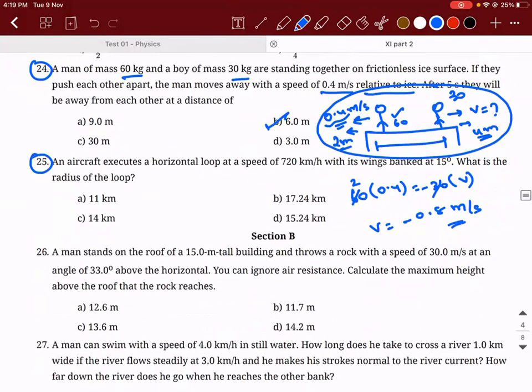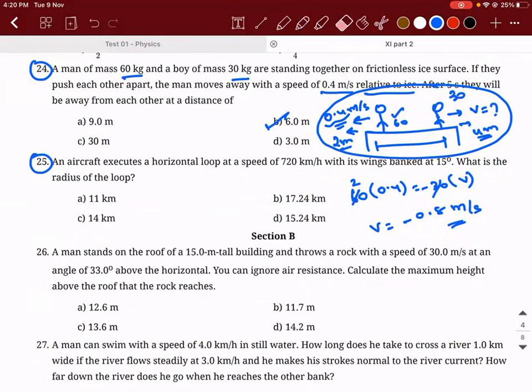Okay. 25th. There is an aircraft that executes a horizontal loop at a speed of 720 km per hour with its wings banked at 15 degrees. What is the radius of the loop? So what is the answer?